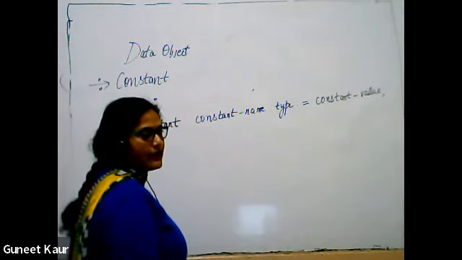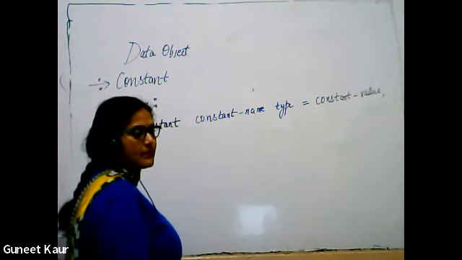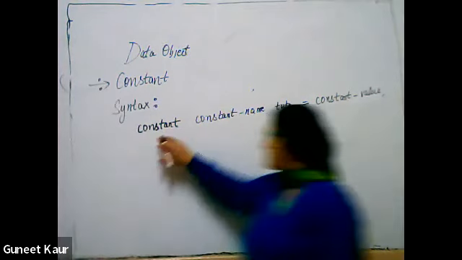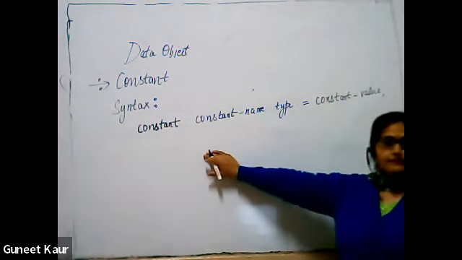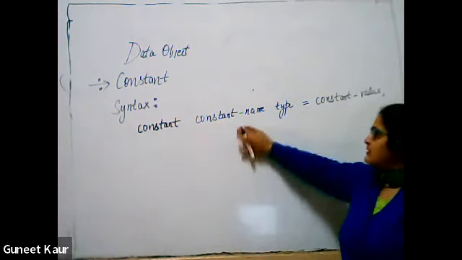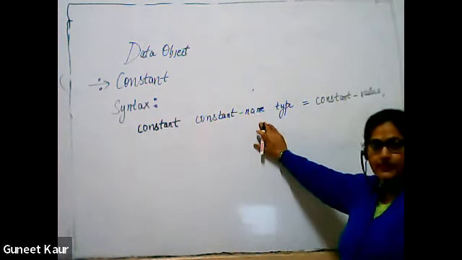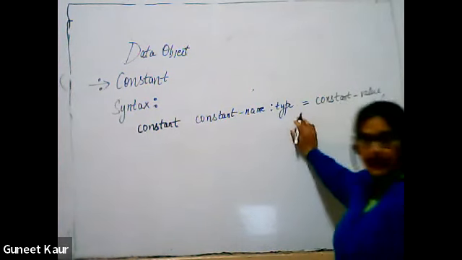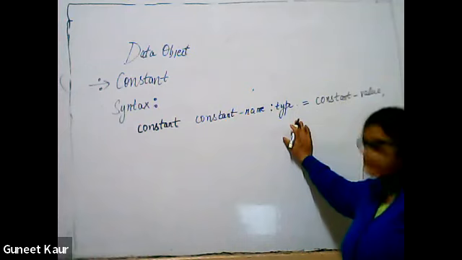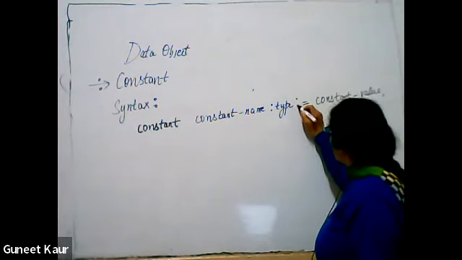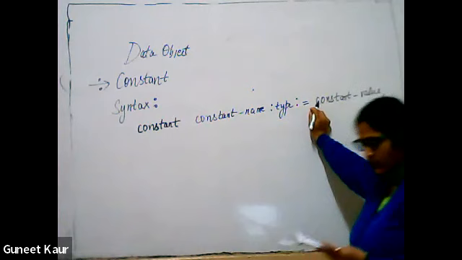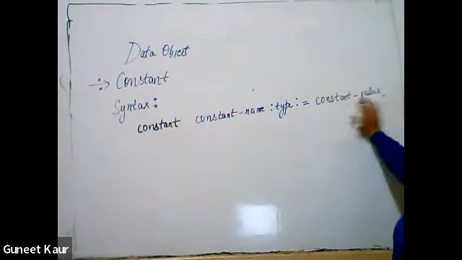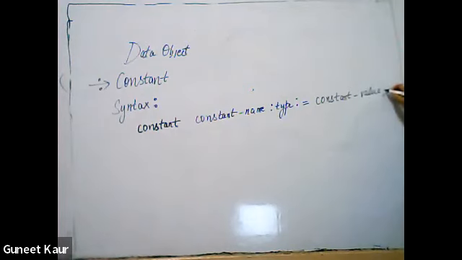Here I am putting colon and semicolon. These all have significance when you are writing your program in VHDL. So first, the class of the data object is constant, then the constant name, then colon, then the type of that constant, then colon equal to the constant value, semicolon.